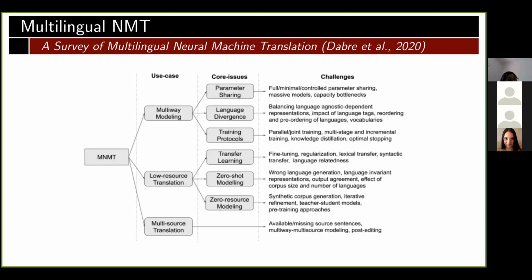But I didn't have the combination Catalan-German, I think. Not all the combinations, but made possible. When you do multilingual translation, you can even translate languages that are included in your system, but not in a direct way. So languages for which you don't have parallel sentences. And this is what you call zero-shot translation.